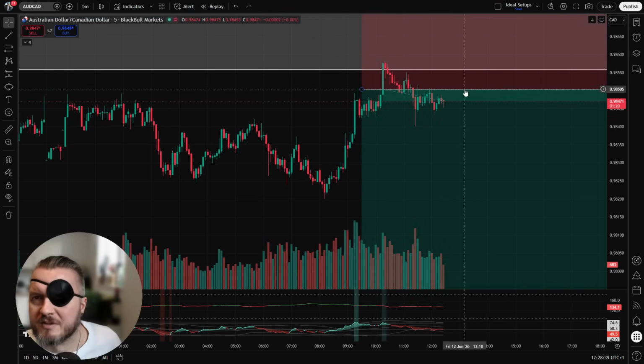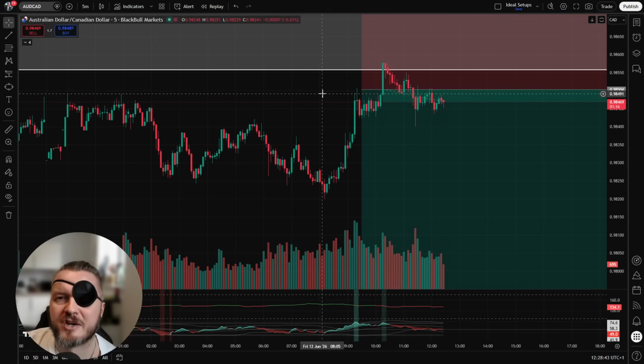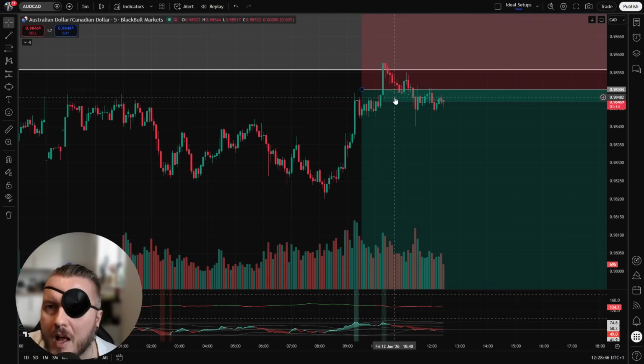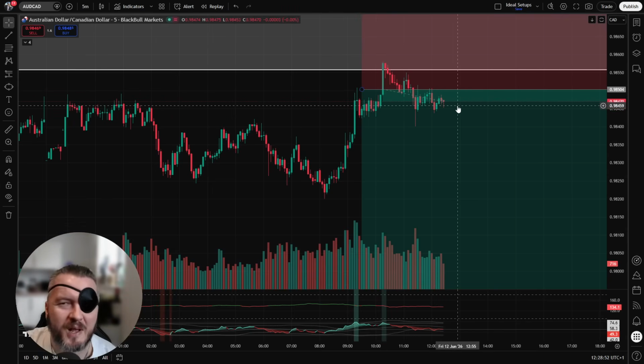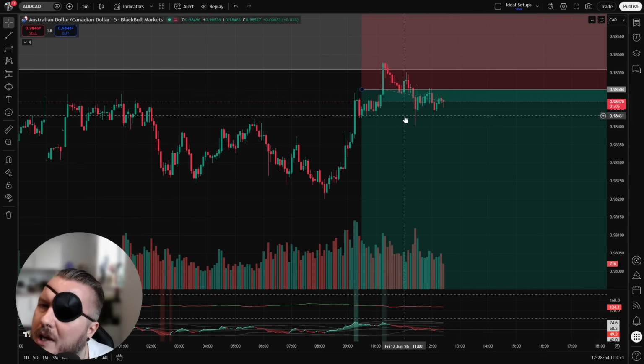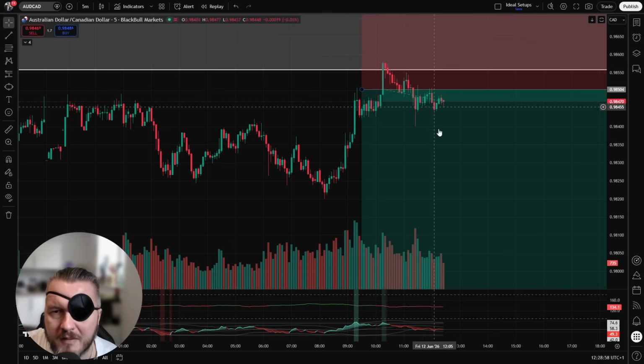So this is, it's not exactly because this is TradingView, but I'm actually managing my trade through MetaTrader. But it's approximately there. So right now we are in profit, but it's basically break even. Right now the market's consolidating around this level here.